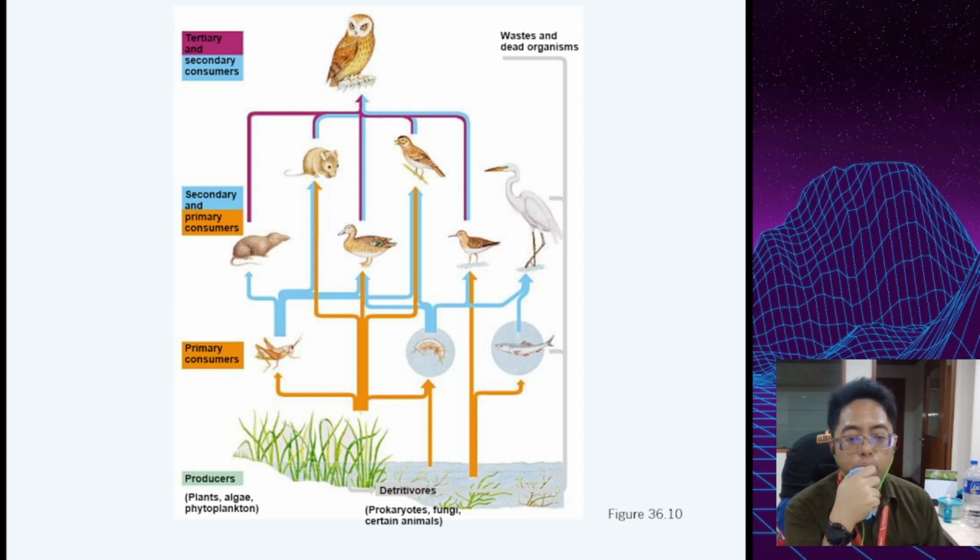For example, you can see a producer. It is not just eaten by the plankton, but also by the grasshopper and the duck and also the fish. And the fish can be eaten also by the stork, the duck also, and the water vole. So this is much more realistic.